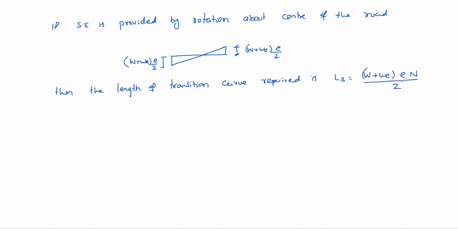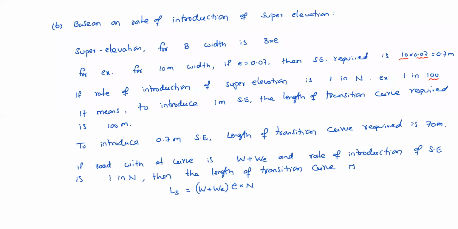So 50% of the length is enough. If rotation is about the center of the road, then 50% of the previous is enough. In the previous case, rotation is about the inner edge. If rotation is about the center of the road, then 50% is enough of W plus WE into E into n.